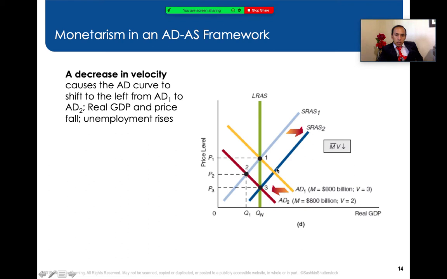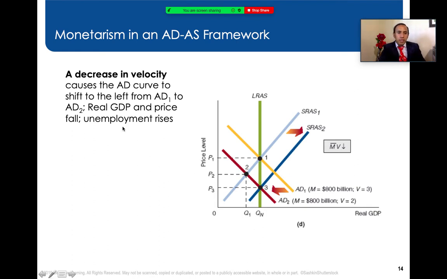to this yellow curve. It's going to decrease from equilibrium 1 at a price of 1, natural GDP Q of N. If there's a decrease in velocity, notice the velocity here declines from 3 to 2. The velocity declines, decreasing the aggregate demand from the yellow curve to the red curve. We have a new equilibrium of 2, price of 2, with lower GDP.